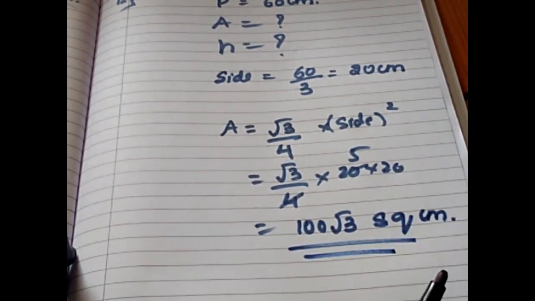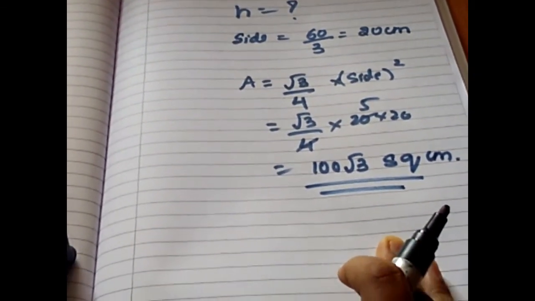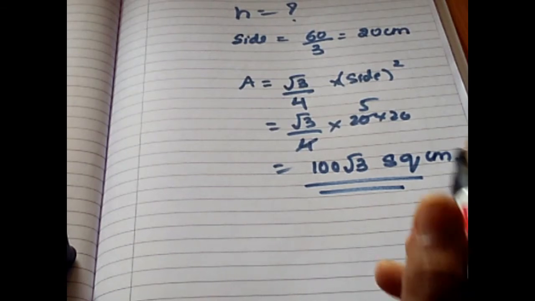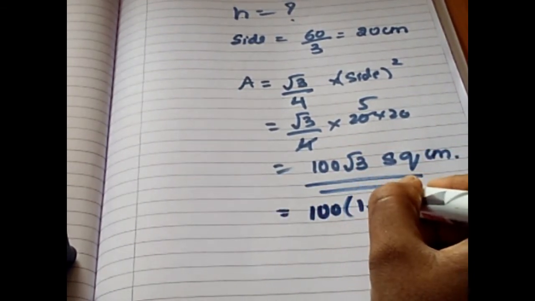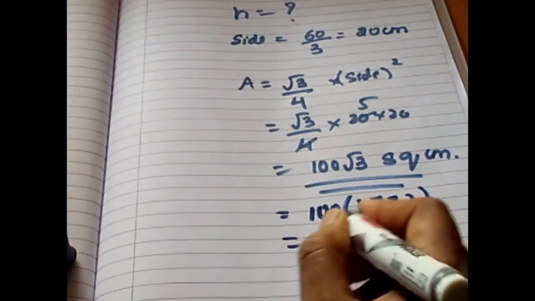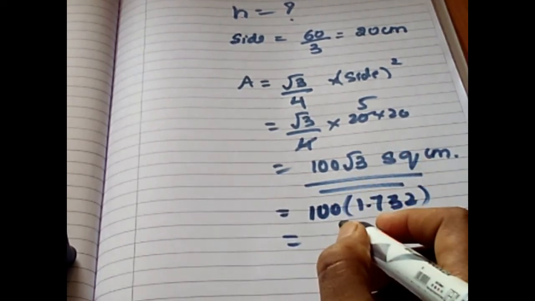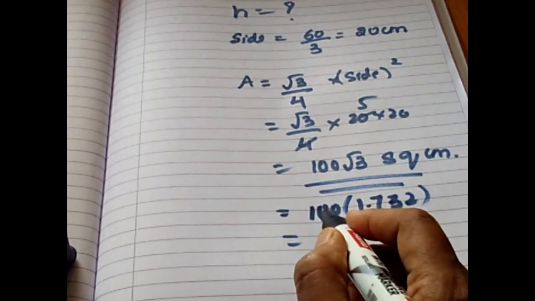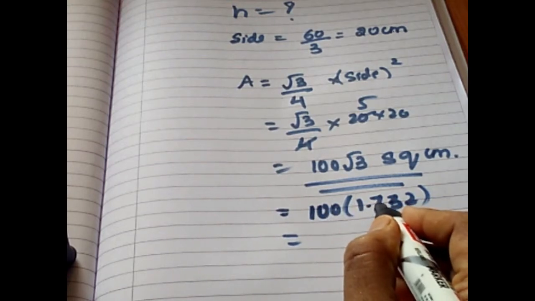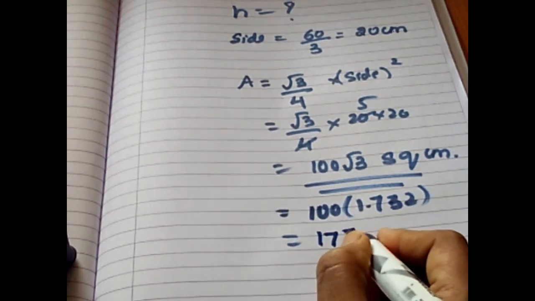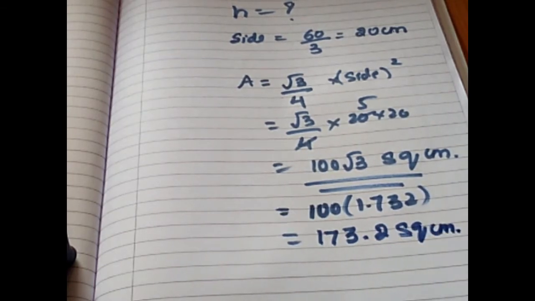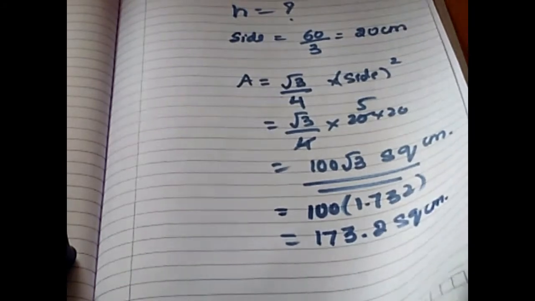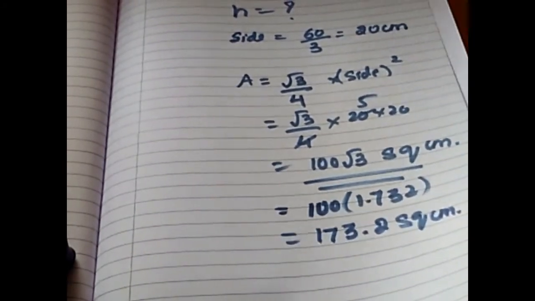This is my area. Let me write it in the simplest form. The value of root 3 is 1.732. As it is multiplied by 100, the point moves 2 steps forward, that is 173.2 square centimeter.